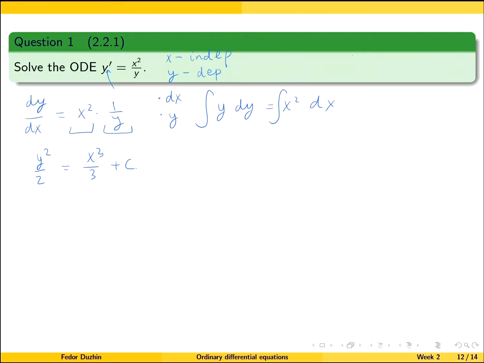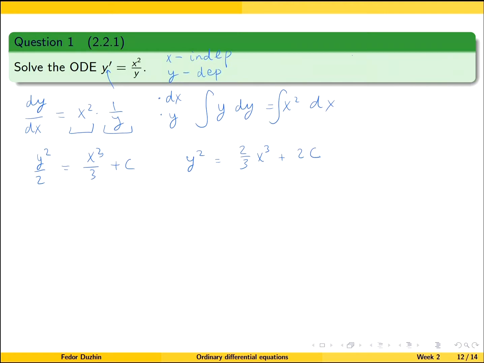Okay, so in order to solve for y, the first thing that we need to do is to multiply by 2, right? So let's solve for y squared first. y squared equals 2/3 x cubed plus 2 times c.